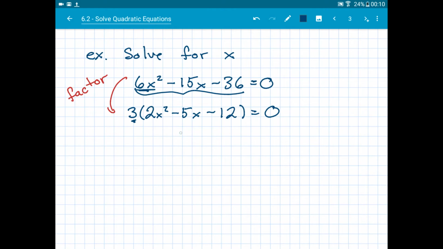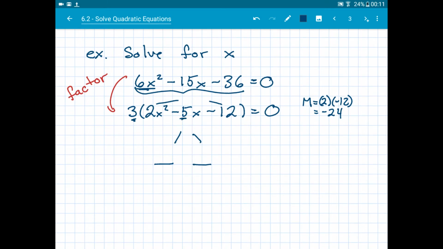Okay, now there's no more common factors, so what we're going to have to do is decomposition. We need to split up this minus 5 into two choices that will make it so we can factor by grouping. And the only way we can make that decision right is by looking for two numbers that multiply together to be whatever these two multiplied together give you. So that's 2 times minus 12, which is minus 24, and add together to give you minus 5. Okay, so I'll just write down some factors of 24.